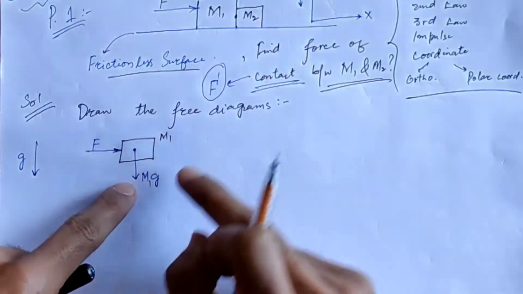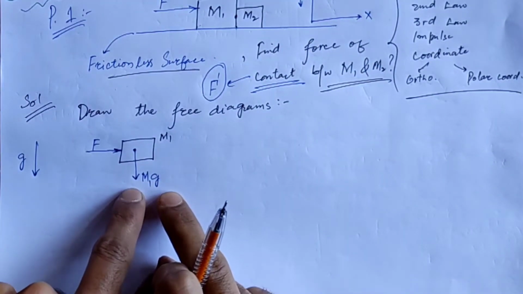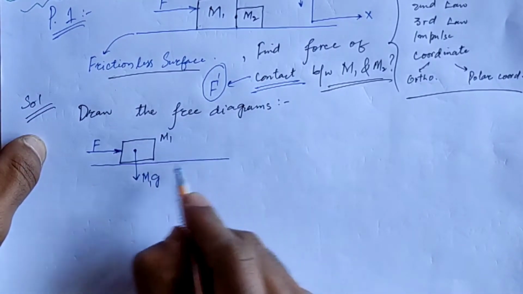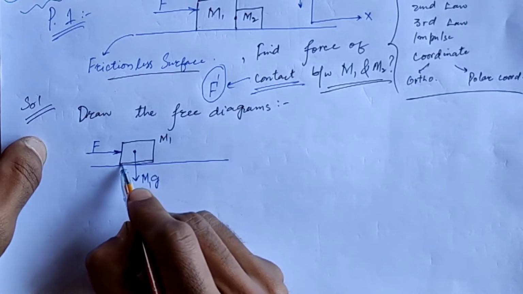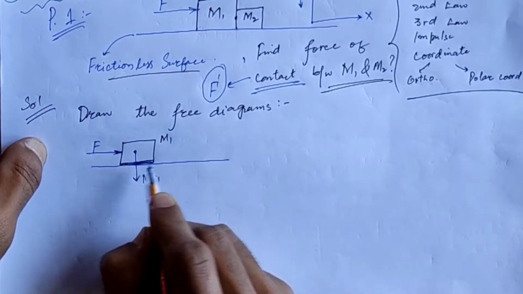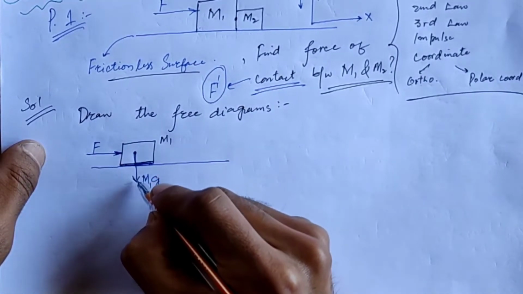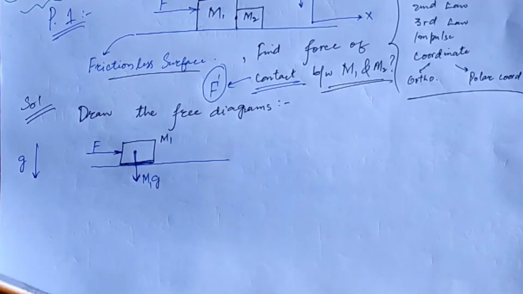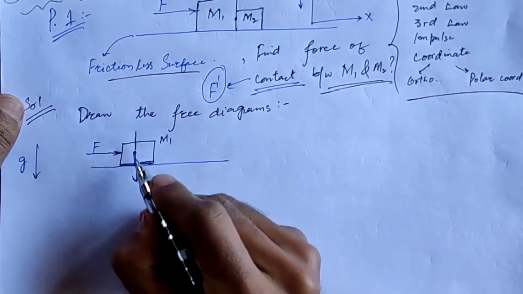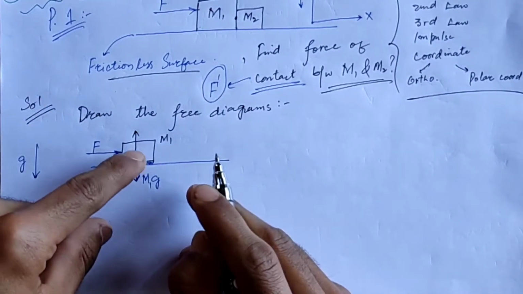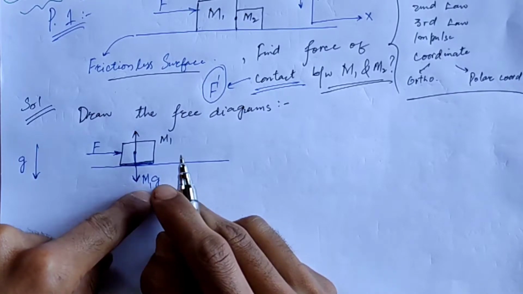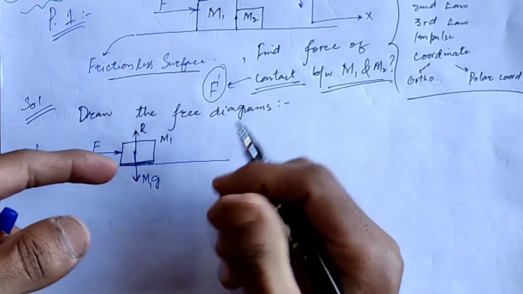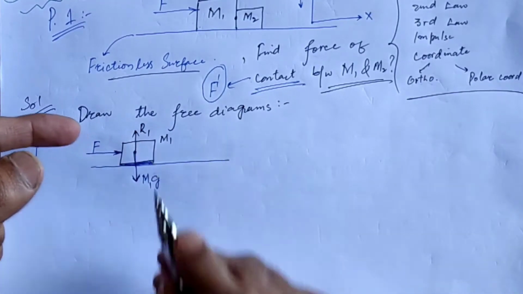So that means this weight mg must be balanced by some force exerted by the surface when they come in contact, in the direction opposite to the weight. Since the weight is downward, there must be a balancing reactive force upwards, equal to the weight of this body, and we represent that normal force as R1.